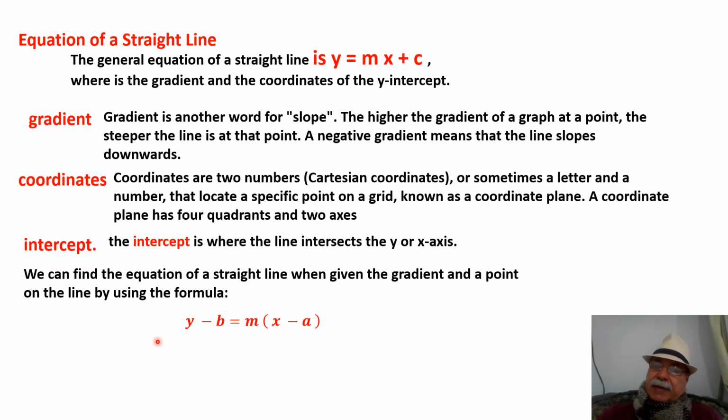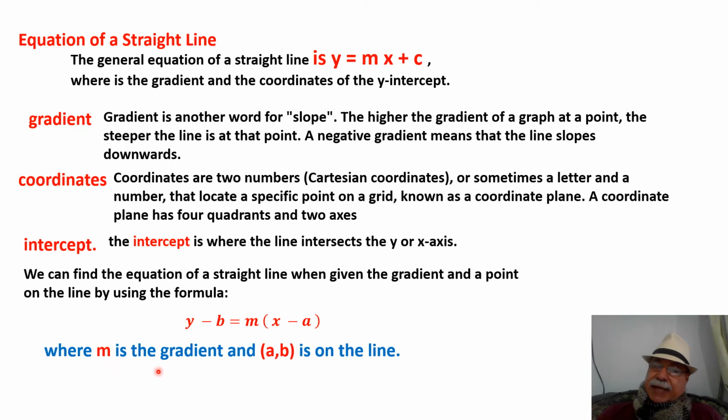هنا لدينا هذه الفورمولا: y minus b equal m times x minus a. You see this y minus b اللي راح نشوفها شلون راح تكون، هي أيضا عبارة عن point. m هو the change between x and y. x minus a هو الفرق بين القيم اللي موجودة في المعادلة.